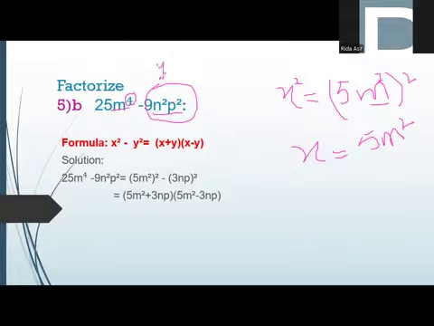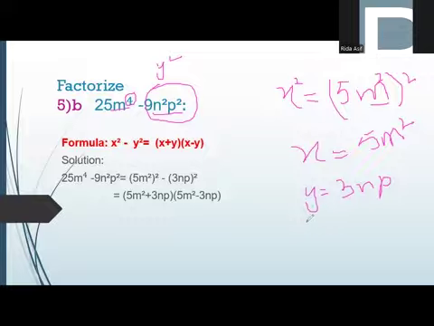Now what about 9 n square p square? This is y square. If this is y square, what will be our y? Our y will be 3, because 3 3s are 9, right? What about the variables? Here is n square and p square. So n and p, right?